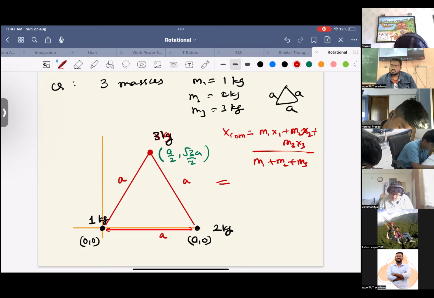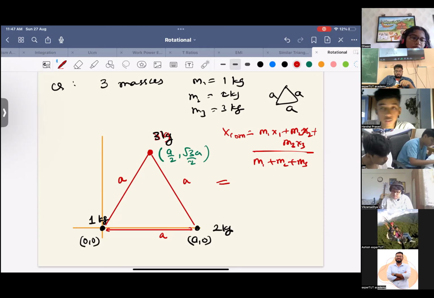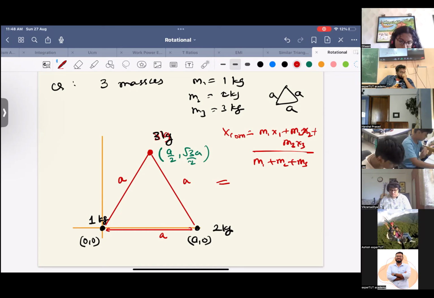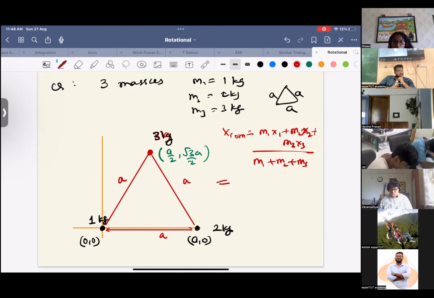Done. Okay, Harshal and Vikram and Mani, what are you doing? Also find y, and send the photo of y as well. Have you done y? Now 1, 2, 3, each mass is 1 kg. What is the center of mass?